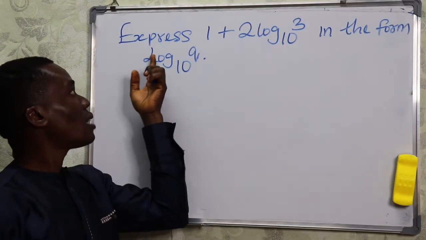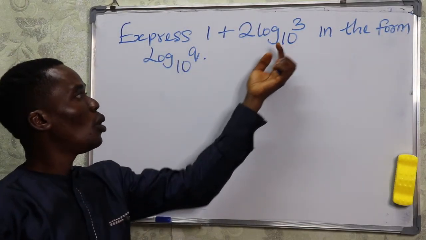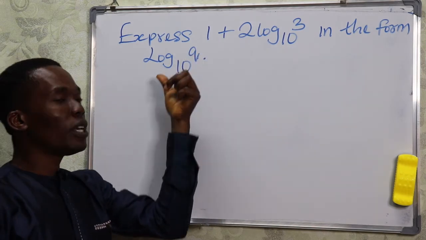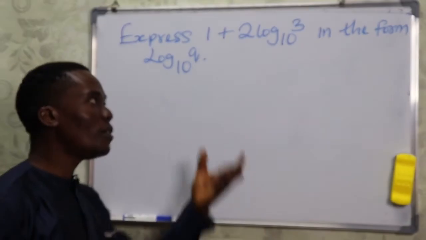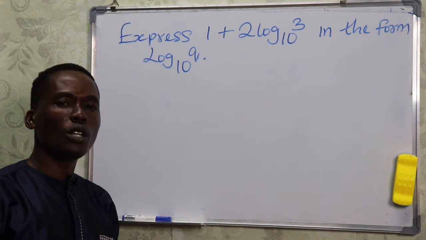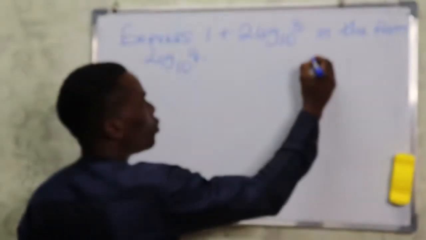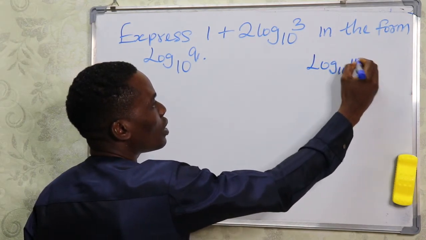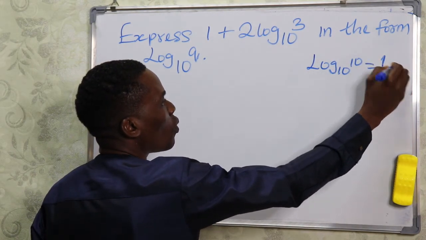The question says express 1 plus 2 log 3 base 10 in the form log q base 10. Now in solving this question, we are going to look at two laws in mathematics. The first law, we know that log of 10 base 10 is equal to 1.